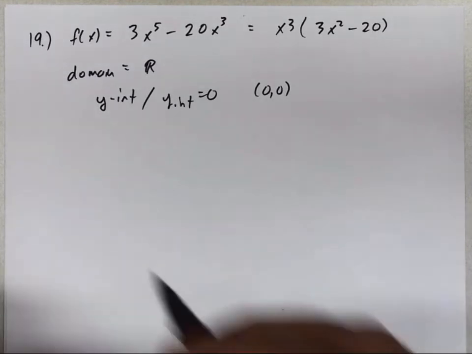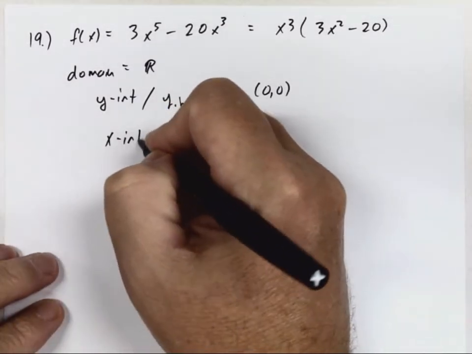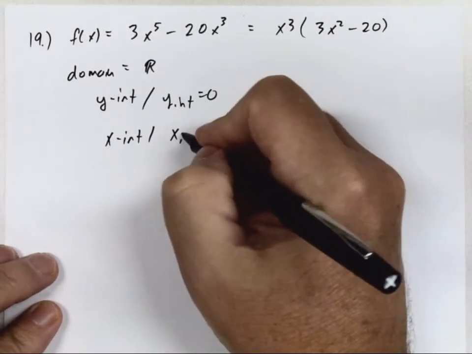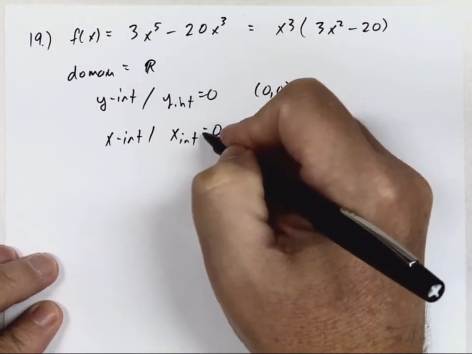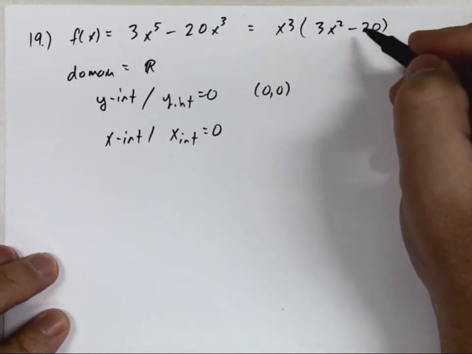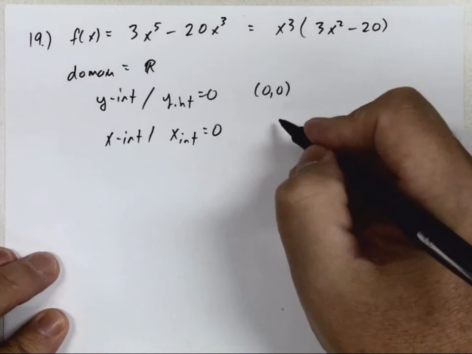X-intercepts, because I factored, there's one pretty obvious x-intercept, 0, which you already have here. There's another one here.